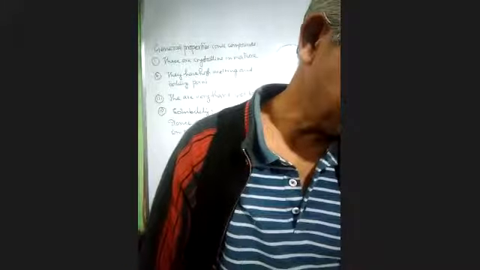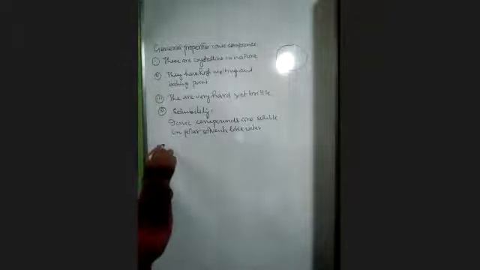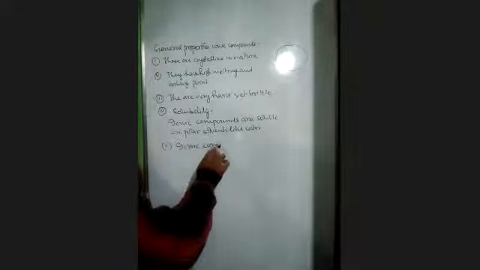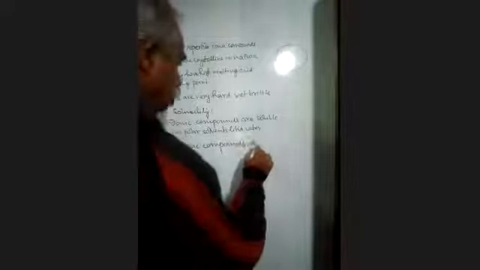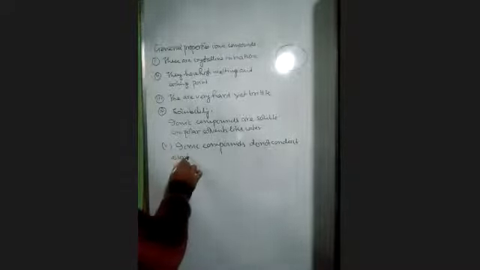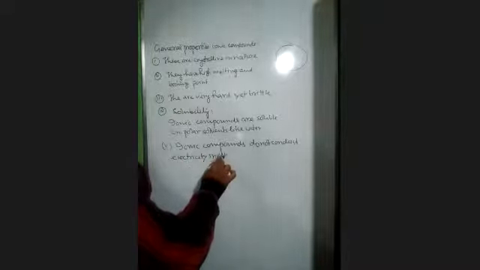This page, I think I'll take a photo and send it to you. Electrical conductivity. This also you know. What should I write here now? Ionic compounds, don't get confused, do not conduct electricity in solid state.